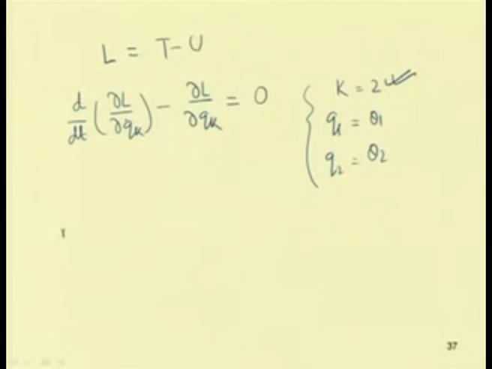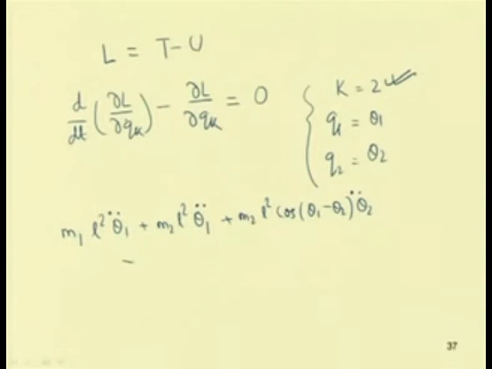So, it will become m1 L square theta 1 double dot plus m2 L square theta 1 double dot plus m2 L square cos (theta 1 minus theta 2) into theta 2 double dot minus m2 L square theta 2 dot sin (theta 1 minus theta 2) into (theta 1 dot minus theta 2 dot).